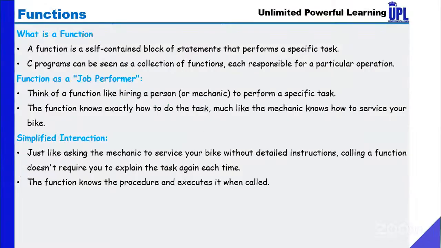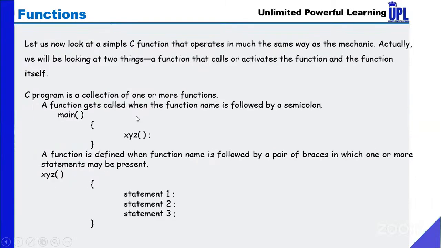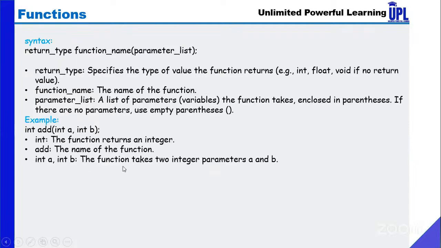We will do a few programs, then you will be able to understand. What is a function? A function is a self-contained block of statements that performs a specific task. Okay, that we have understood. Then we have understood how we are repeatedly using it. What is the syntax? Syntax is more important for us. I have shown you void also.